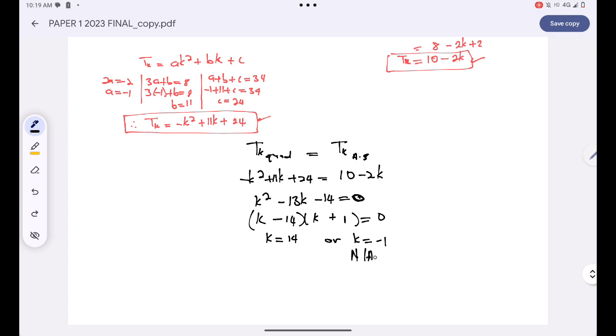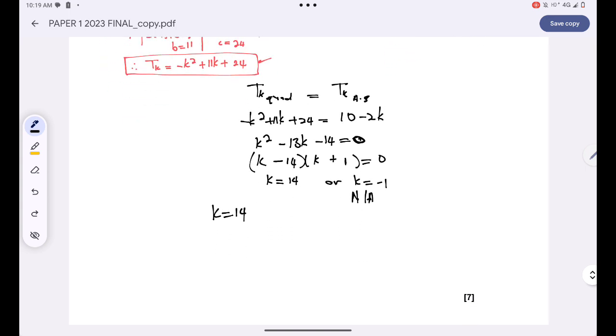This one is not applicable. Why? Because k represents the position of a term. We cannot have a negative position of a term. So k is equal to 14, and we can confirm that now by trying to find the 14th term of our quadratic sequence.